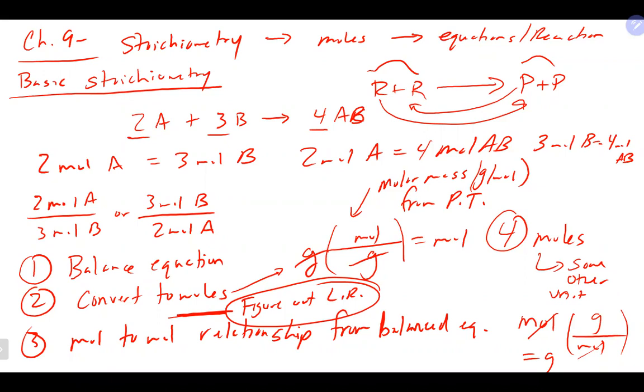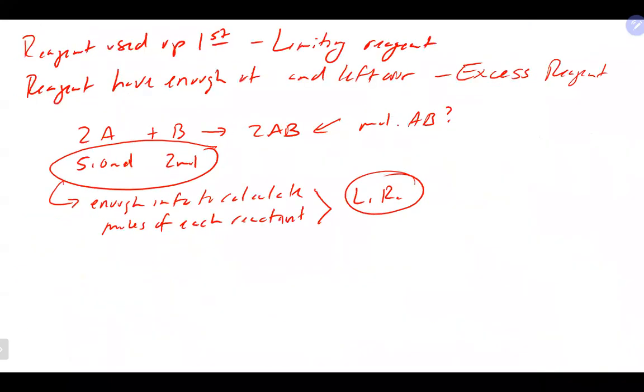So it is always the limiting reagent that determines how much product you're able to form. And that's why it's always important to figure out which one's the limiting reagent. By the way, a reminder that the limiting reagent is not always going to be the one with the smaller number of moles. You actually have to do a calculation to figure it out. Sometimes people just go, well, this one has a smaller number of moles, so it will be it. It will not always be that, based on the numbers and coefficients that you have. So you should always do a calculation.